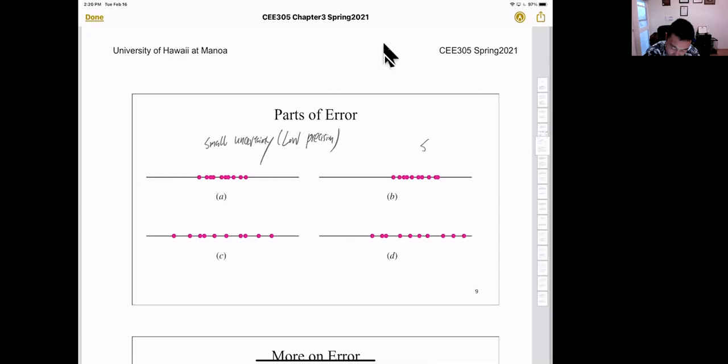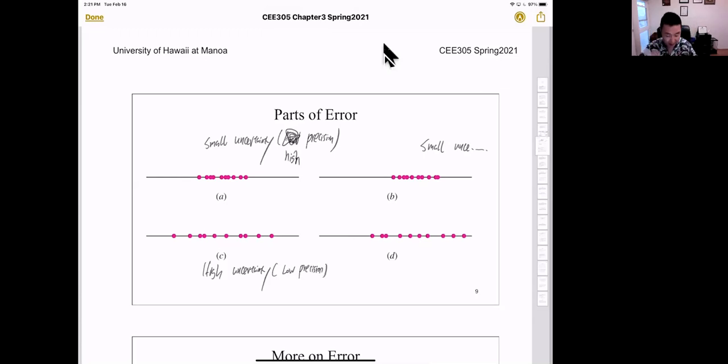Case B also has small uncertainty and high precision. Case C has high uncertainty and low precision.